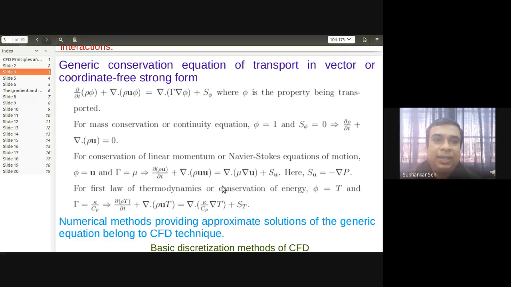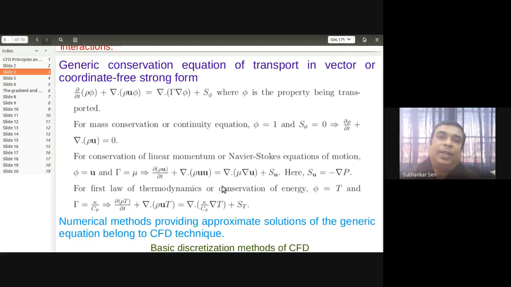So this is a vector equation. So every term will be a vector. Okay. These vector operators are present, and it may also have individual components. Okay. And if it is a vector, it will also have individual components. So overall, this is a vector or coordinate free equation.